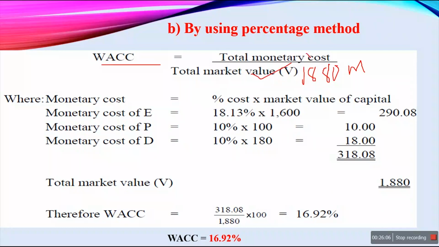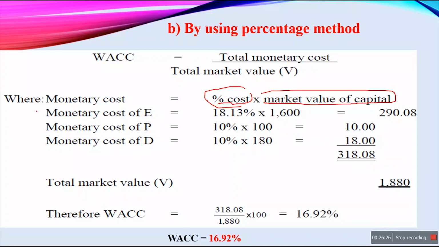So what we are looking at is the total monetary cost. Now, how do you get the total monetary cost? You take the monetary cost of each and every capital component, which is given by the percentage cost of that component multiplied by the market value of the capital. That will give us the monetary cost.